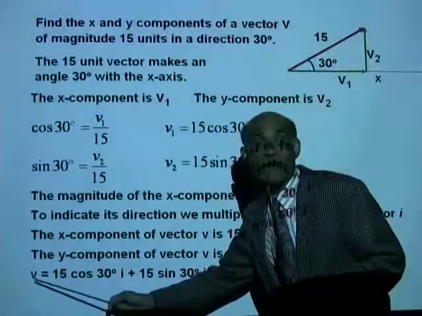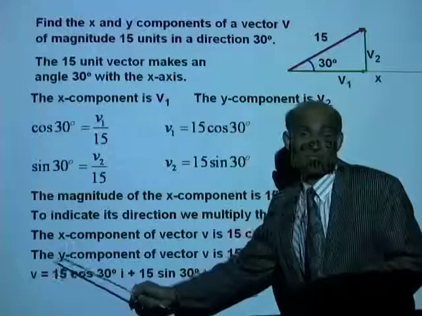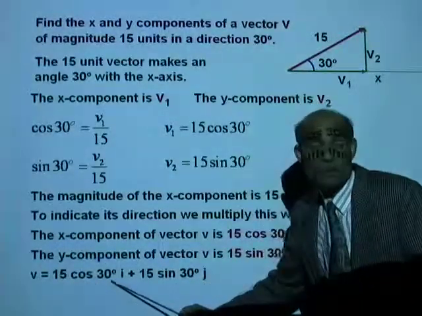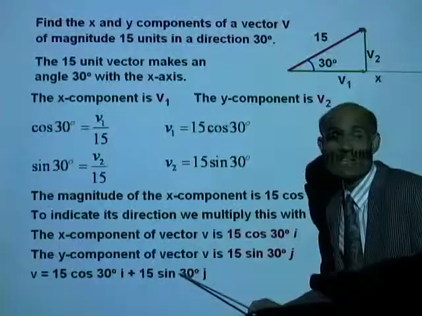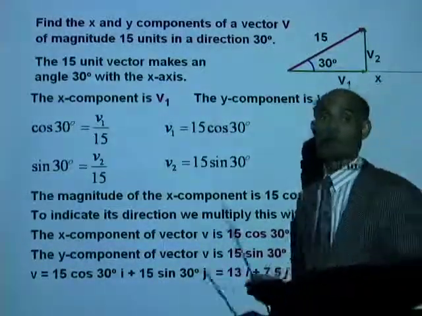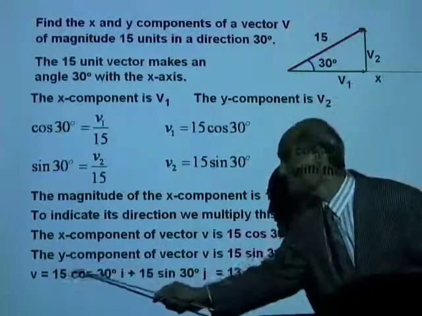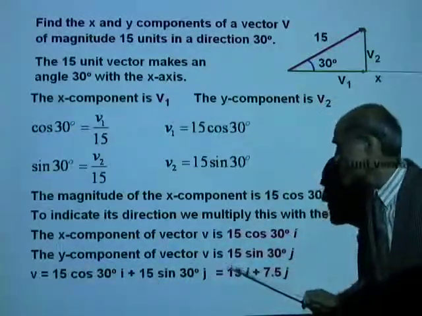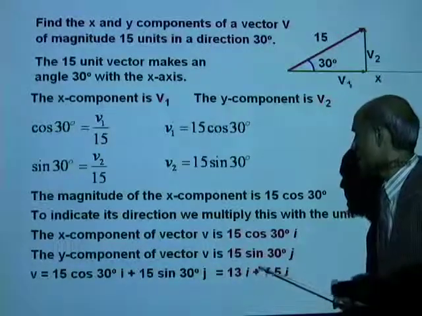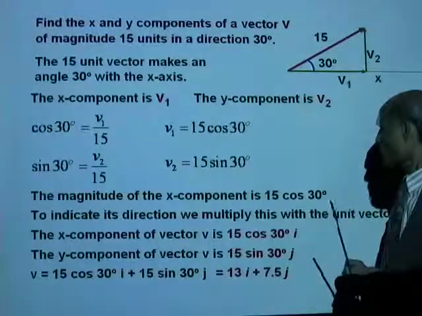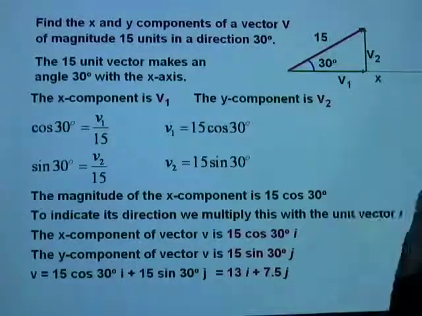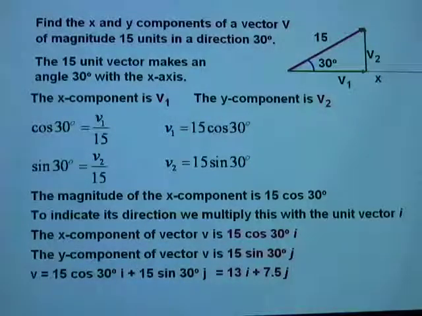So any vector that is given to you can be written as the sum of its x component and the y component. Okay. Now 15 cos 30 degrees is approximately 13. So this will be 13i plus 7.5j.